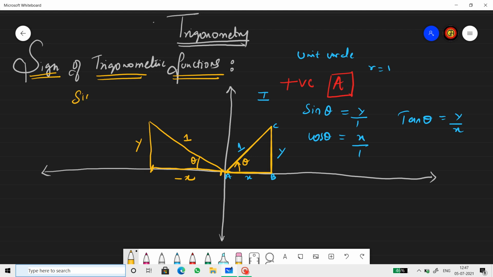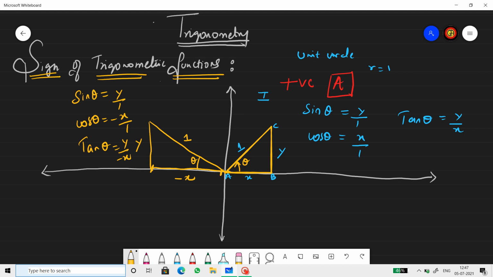So sine theta over here is y by 1. Cos theta over here is minus x by 1. Tan theta over here is y by minus x. So that means only sine is positive, cos and tan are negative.